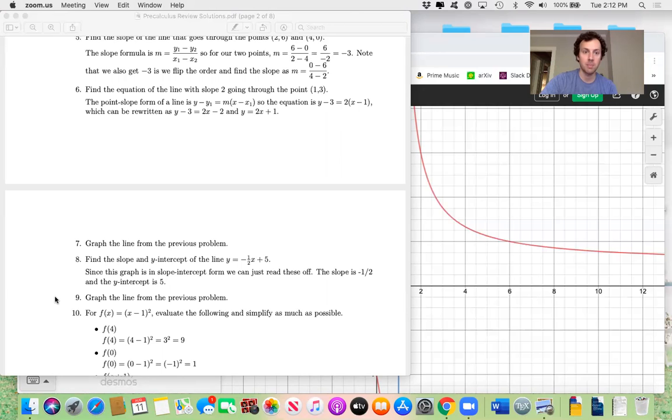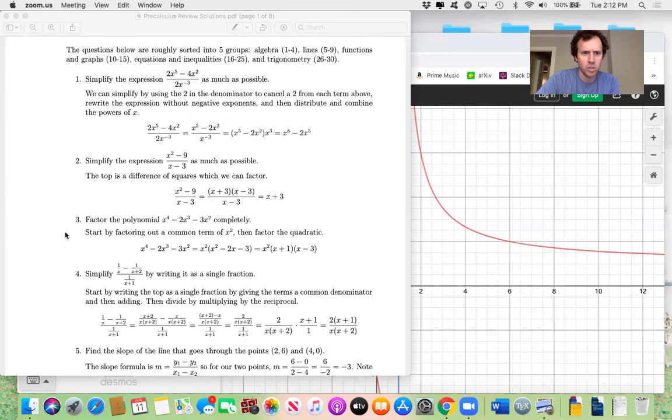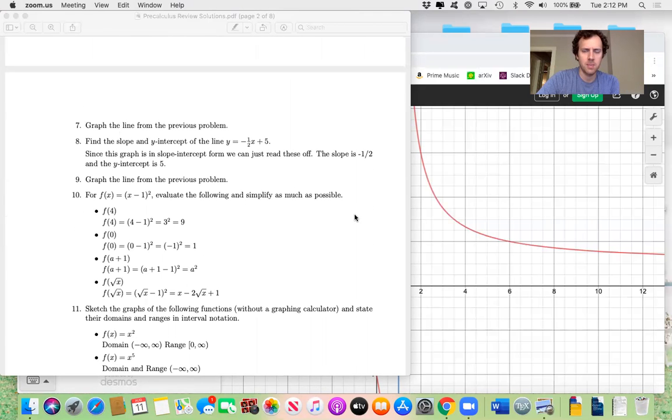I'll just kind of use them. Oh yeah, and the first part was some algebra, factoring and simplifying. Any thoughts on what else you guys would like to see?